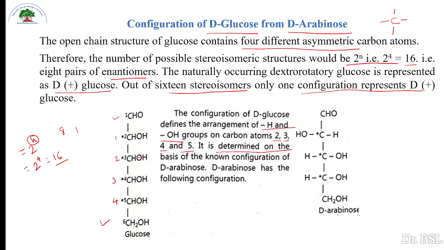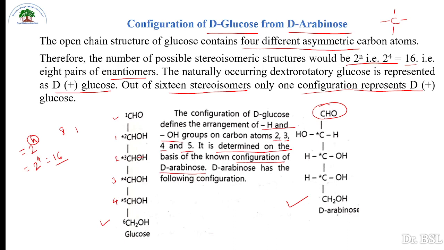It is determined on the basis of the known configuration of D-Arabinose. This is the structure of D-Arabinose, where the aldehyde functional group is there, on second carbon OH, H, third HOH, fourth HOH, and fifth CH2OH.